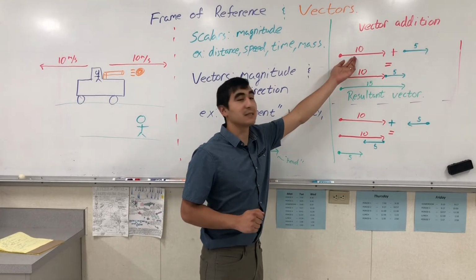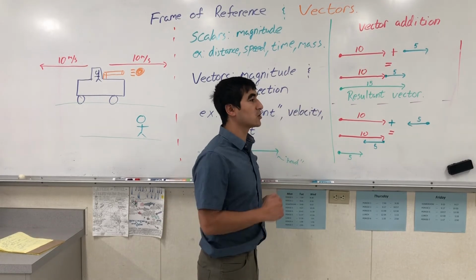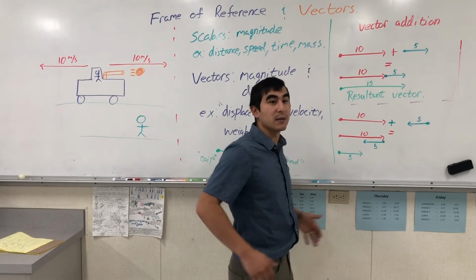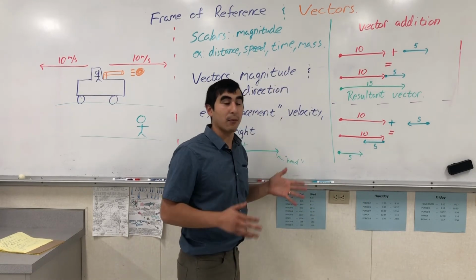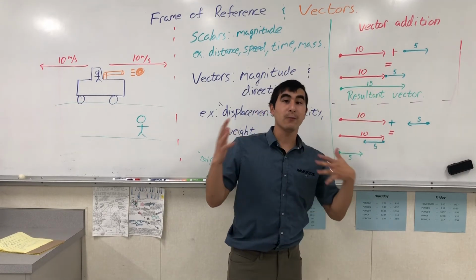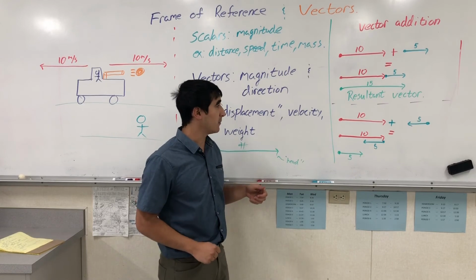And I was running, say, at 10 meters per second. That's pretty fast, but I was running down the street, and then a gust of wind of 5 meters per second comes from behind me. How fast am I going to be going at that point? Because the wind is helping me in that direction. So that is a way we could see vectors all around us. And that's only one example.